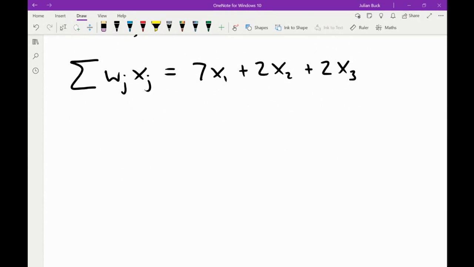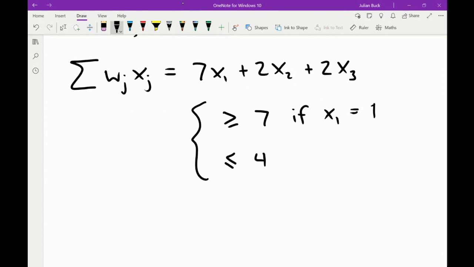And this is greater than or equal to 7 if x1 is equal to 1. So regardless of the other 2 values, if the weather's good, then the net input is at least 7. And it's less than or equal to 4 if x1 is 0. So if x1 is 0, the most it could be is 4, and it could be less than that.